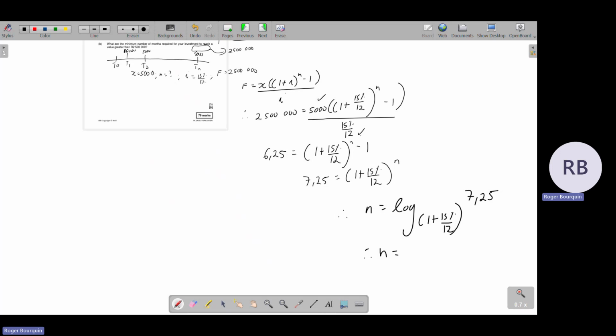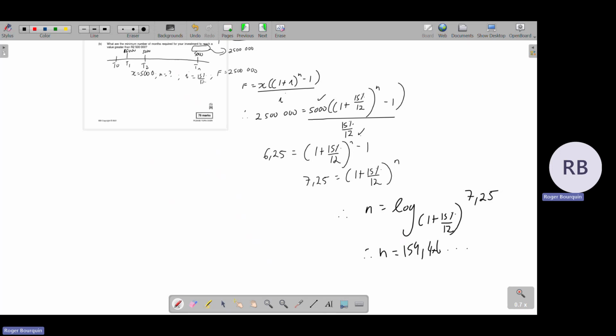Right. So I get 159.46. So after 159 payments, you wouldn't have got 2.5 million, right? The first time you're going to get 2.5 million, you'll have a bit more, will be after 160 payments. So you don't just round off, you think about it.